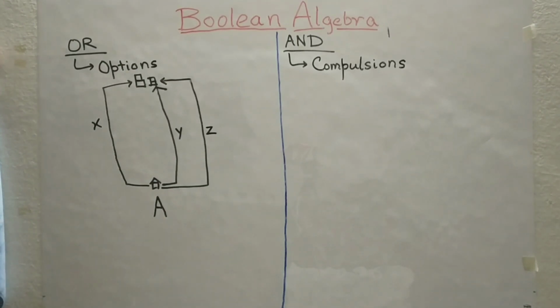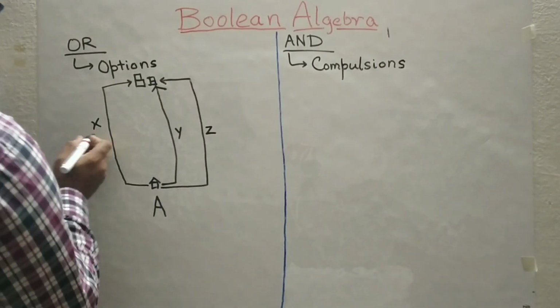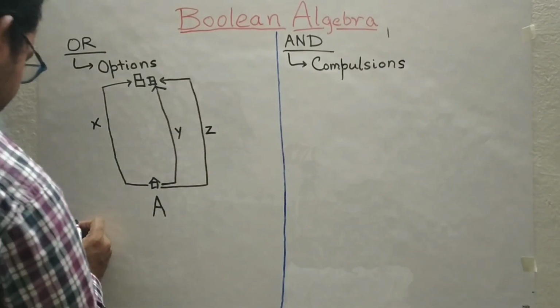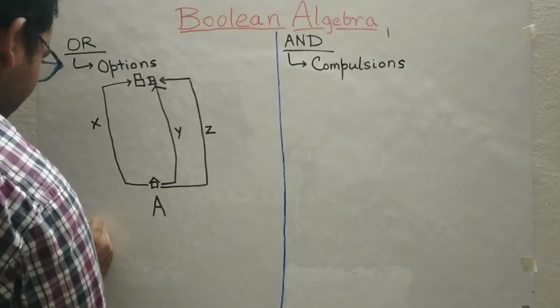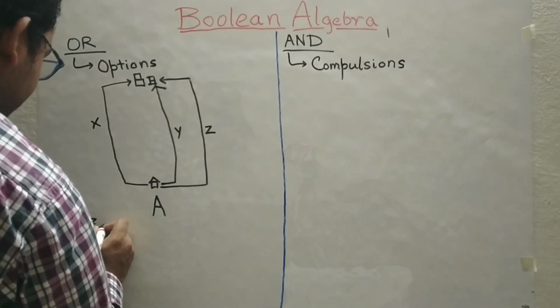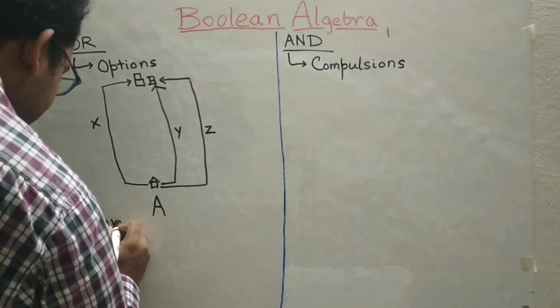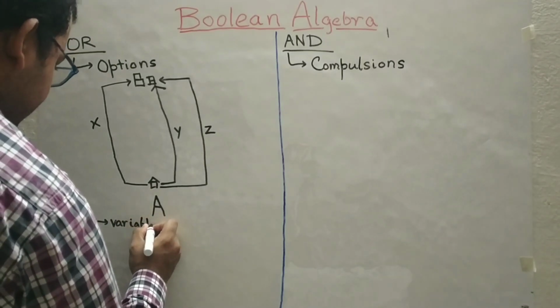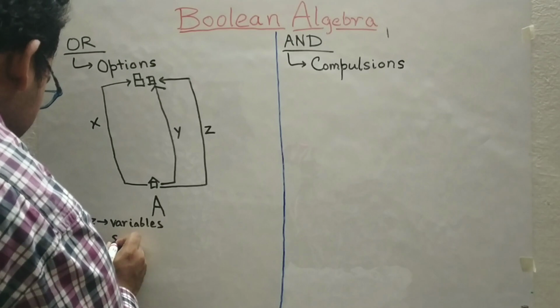Now when I say X, Y and Z, they are not explicitly the paths, but these are variables that say the state of the paths. X, Y and Z are variables that reflect the state of the path. Okay.